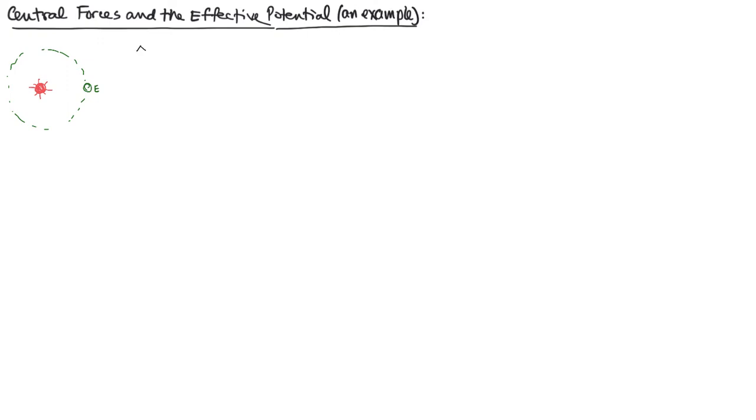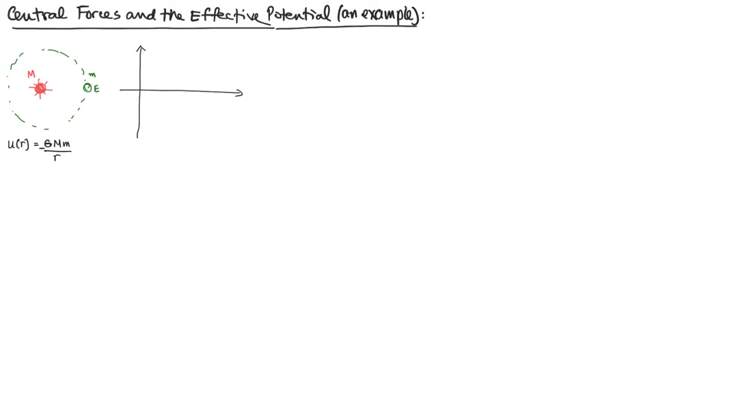If we make a plot of the potential energy due to gravity, which we know to be minus G times M times little m over r to the first power, so that if we have two masses, let's say the Sun is mass big M and the Earth is mass little m, this potential itself does not have a minimum, right?